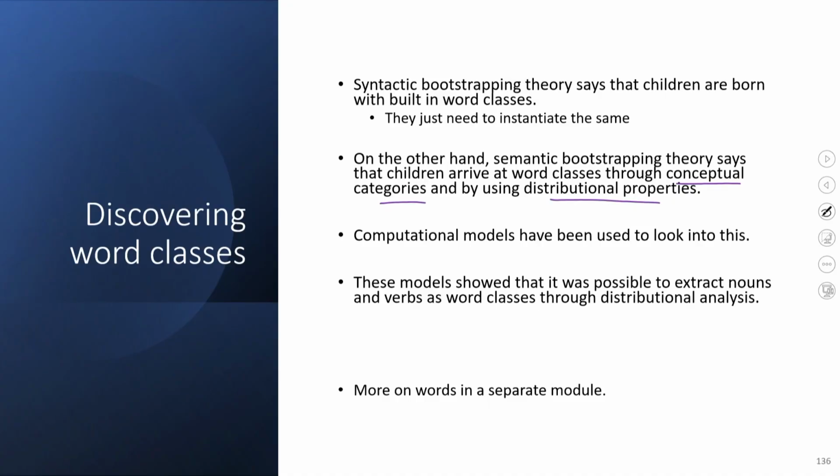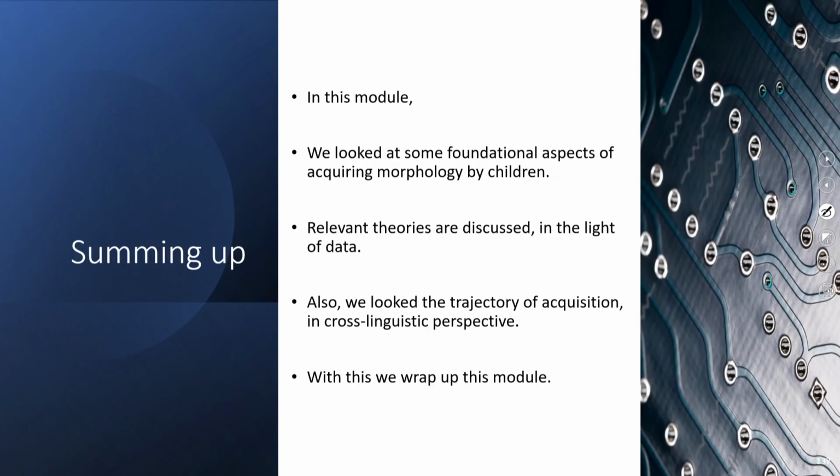Computational models have been used to look into this as well, and the results from these modeling studies have shown that it is possible to extract nouns and verbs as word classes through distributional analysis itself. So, you do not need them to be inbuilt or inherent. If the model can learn, children probably can also learn. We have discussed this at length in a separate module. So, roughly this is what the entire module is all about.